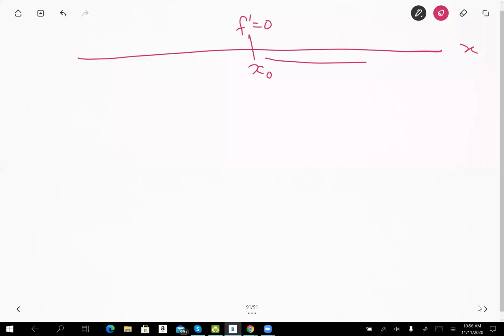To the right over here, I got f prime positive. To the left over there, I got f prime negative. So you can see here, the critical point is important. Why is the critical point important? Why is that x0 important?